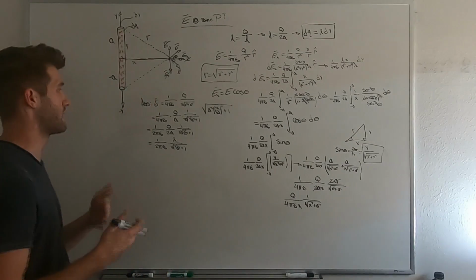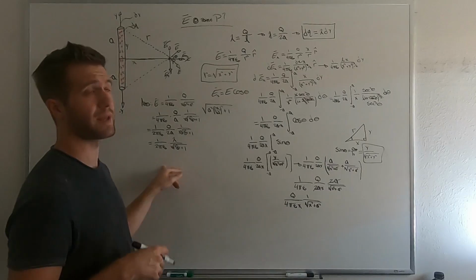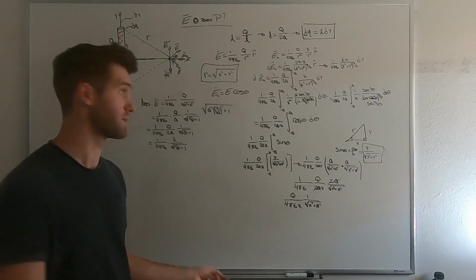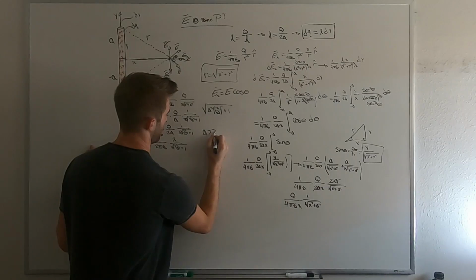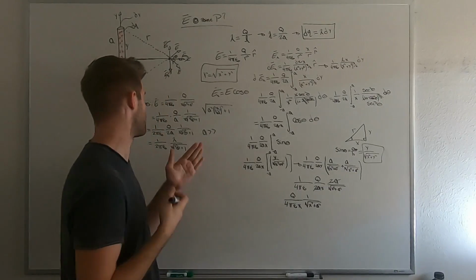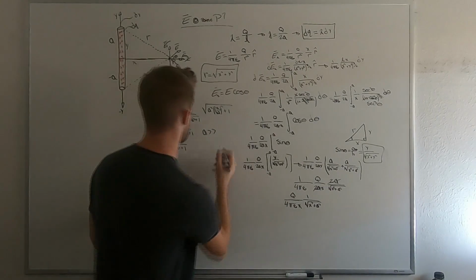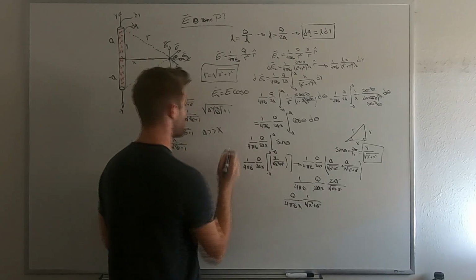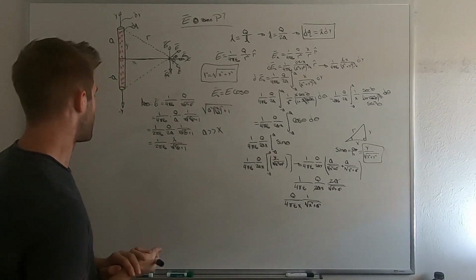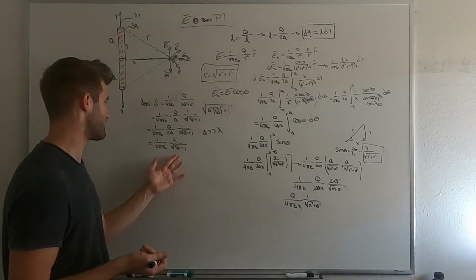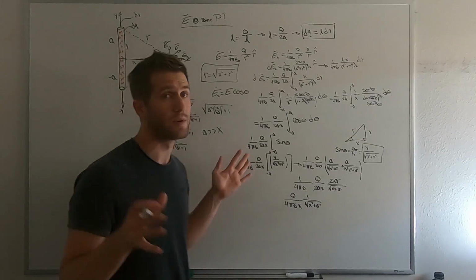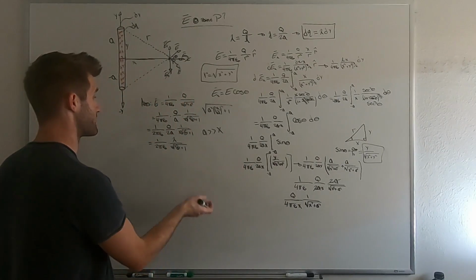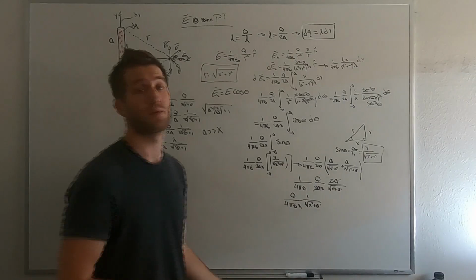Let's analyze what would happen if a was really, really large relative to x. If a is larger than x, we can basically ignore this whole portion here. You're dividing by a really large number, and as it gets infinitely large, that's just going to tend towards 0.